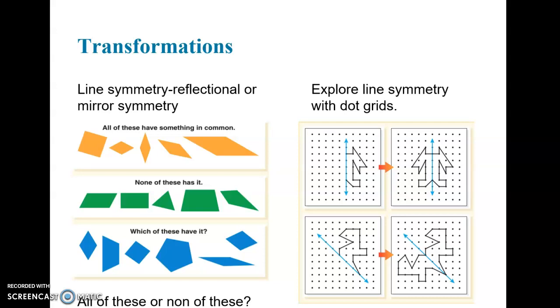Students make a design completely on one side, drawing it so that it touches the line, as in the figures you see here. Have students make a mirror image of their design on the other side of the line, or have them exchange with a partner and try to solve the problem.